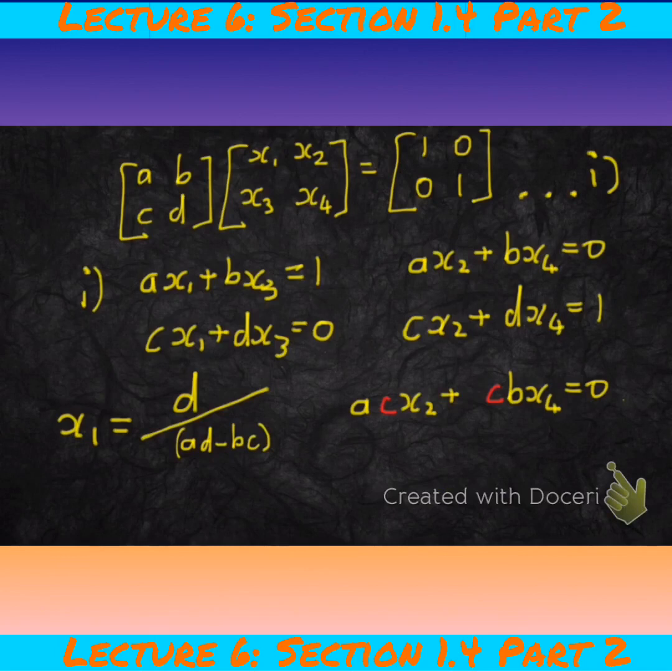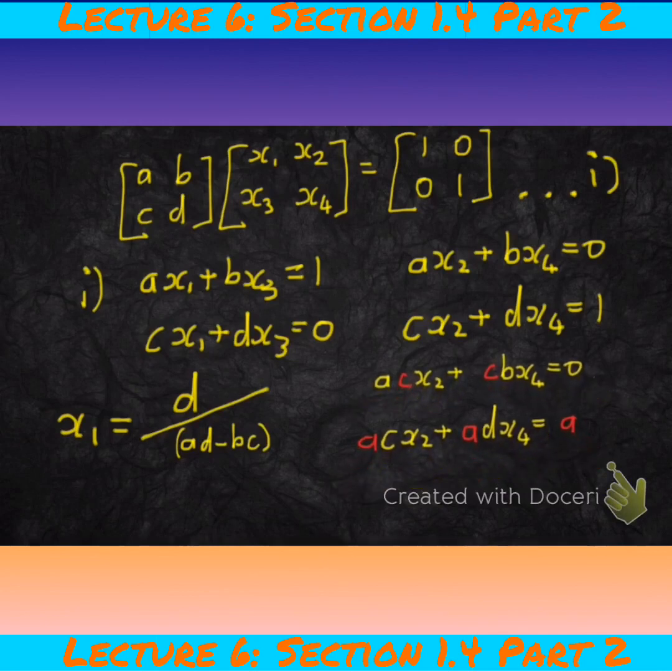Then the second equation I'm going to multiply through by a. So that is going to be a, and we're going to get a there, and we're going to get a there.